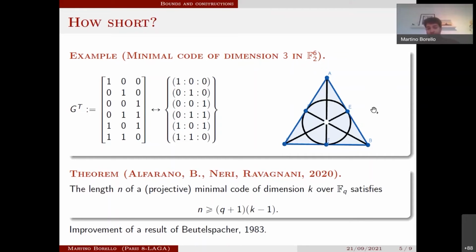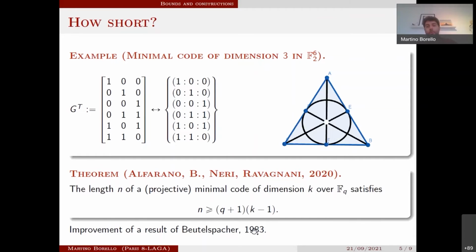You realize quite easily, this is a homework if you want to do it, that you can take out a point, but not more. This is essentially due to the fact that you want the intersection with lines to span the line. If you take out 2 points, then there is a line that is not spanned. So the shortest length of a minimal code of dimension 3 over F2 is 6.